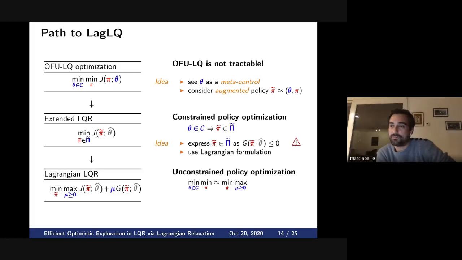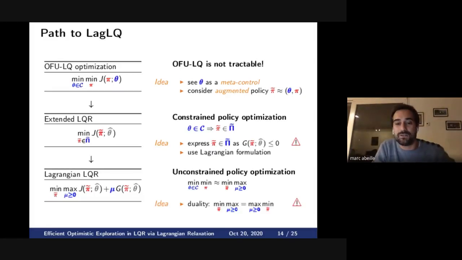At this step, we replace the complicated optimization problem over parameters and policy by a potentially equally complicated optimization problem over augmented policies and a 1D variable mu. This path might be interesting if and only if we can leverage duality to permute the order of the max and the min and end up with a much simpler optimization problem.